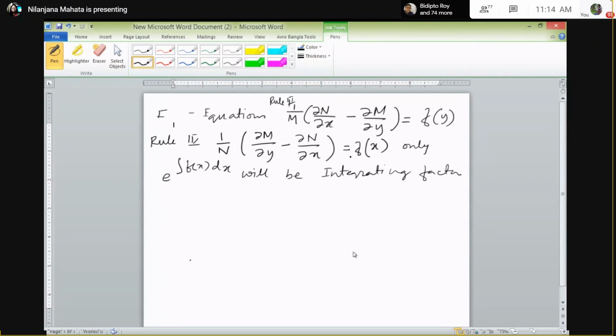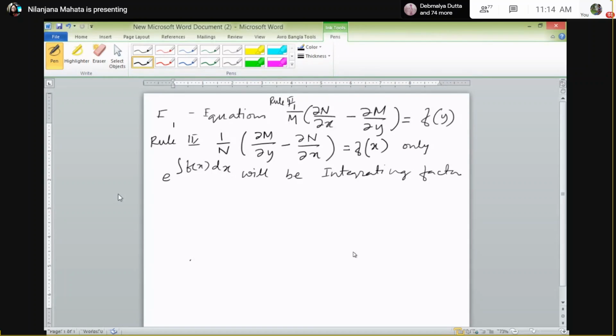So if it was a function of y, then our integrating factor was e to the power integral of f y dy. So if it is a function of x only, then you will have an integrating factor in this form.